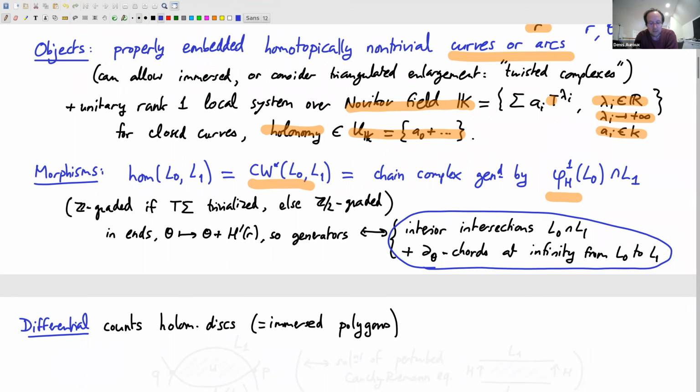If you look at just closed Lagrangians, even if you ask for exact Lagrangians but you allow local systems, then there is not a finite set of closed loops that generate the category. Under mirror symmetry, that's because compact Lagrangians correspond to compactly supported coherent sheaves. On an open curve, these are very badly behaved. Well, they're very simple, just sheaves supported at points, but then there's no nice algebraic structure to that.